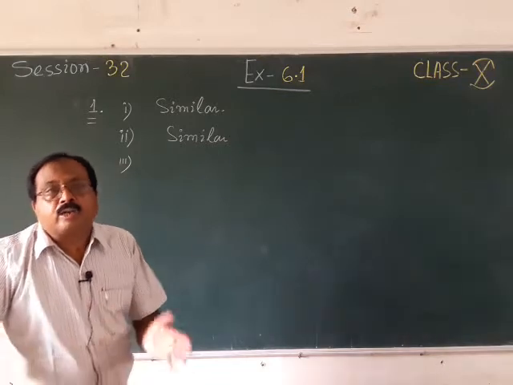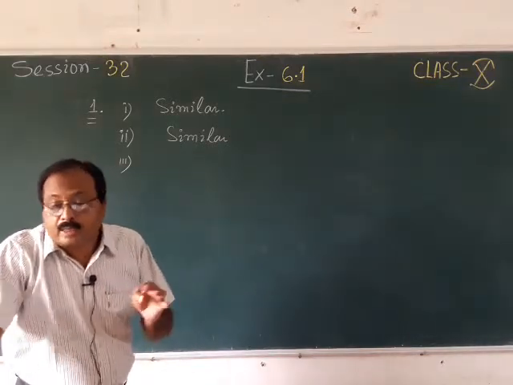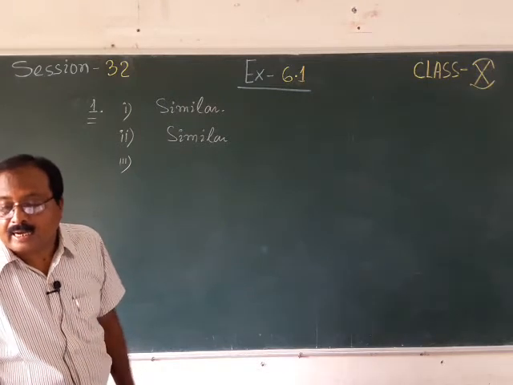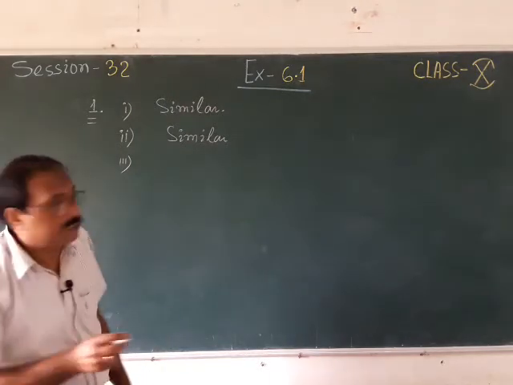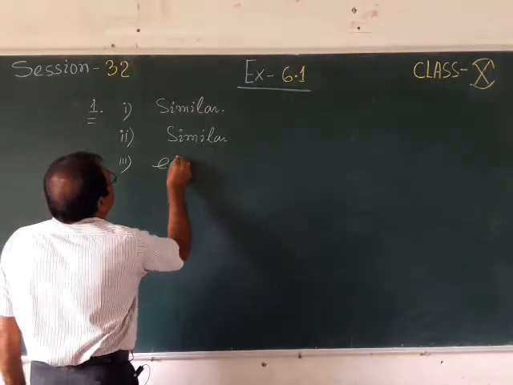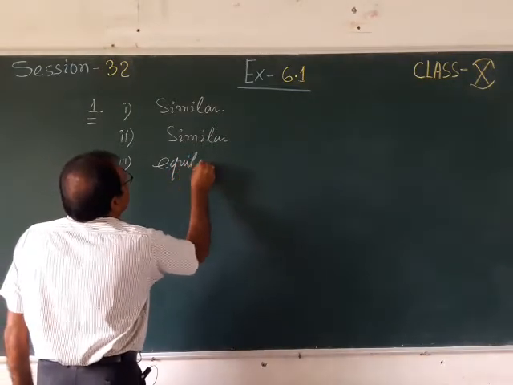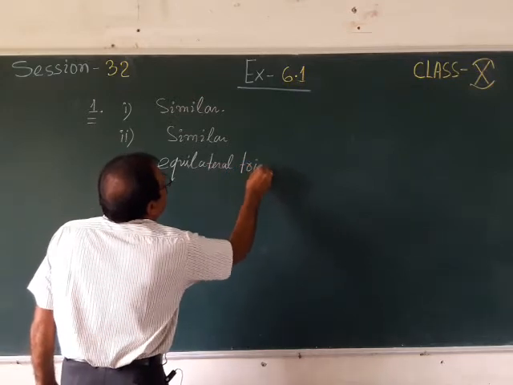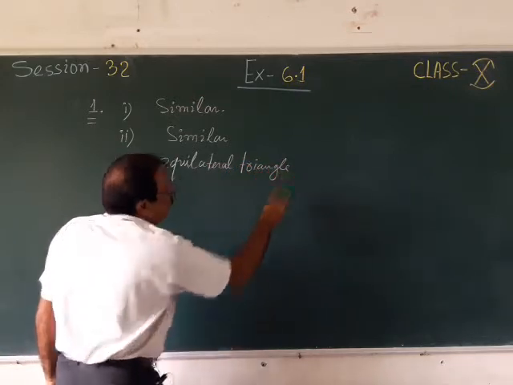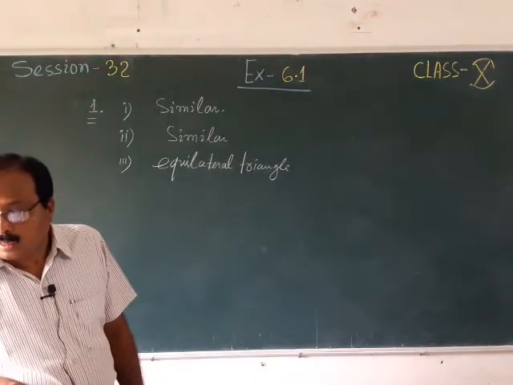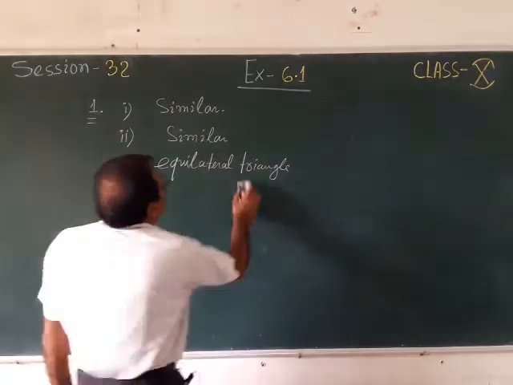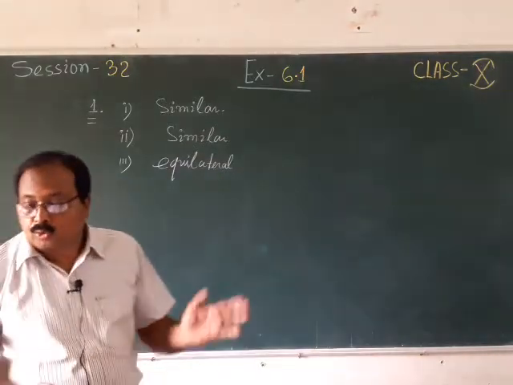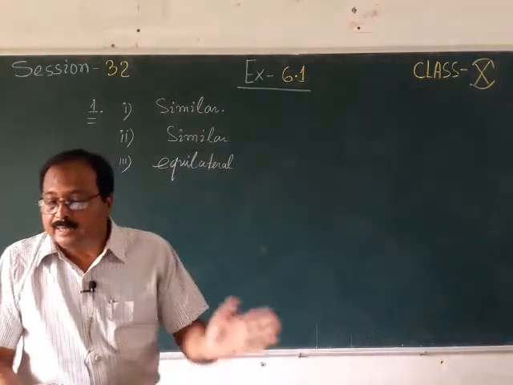Isosceles triangle or equilateral triangle? Equilateral triangle. All equilateral triangles are similar. So there you have to select equilateral triangle. The word triangle is already written, you need to write only equilateral. So all equilateral triangles are similar.